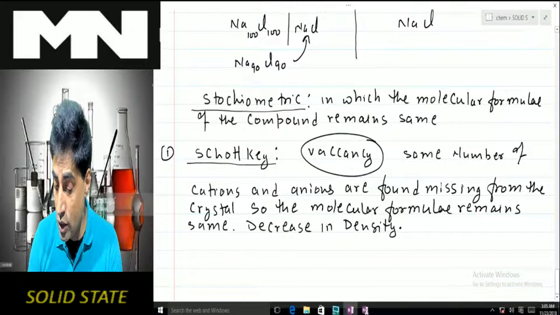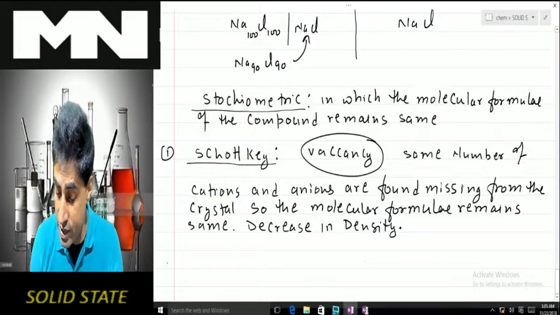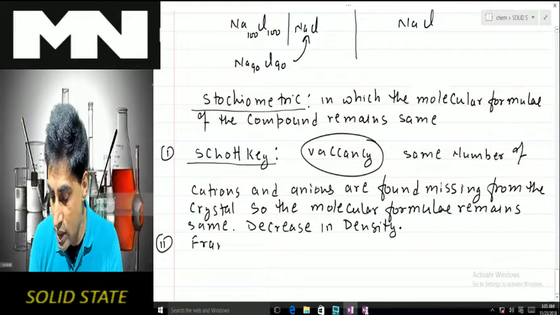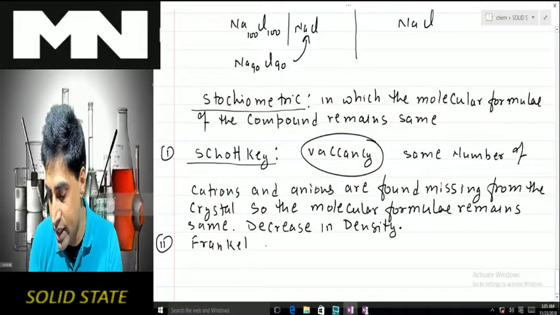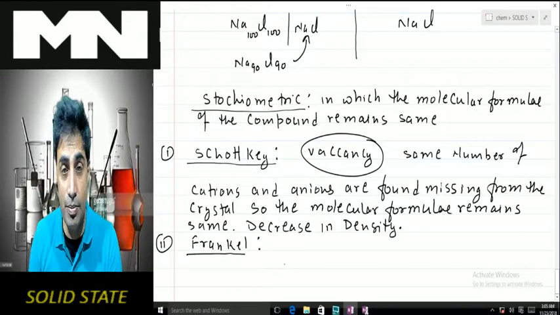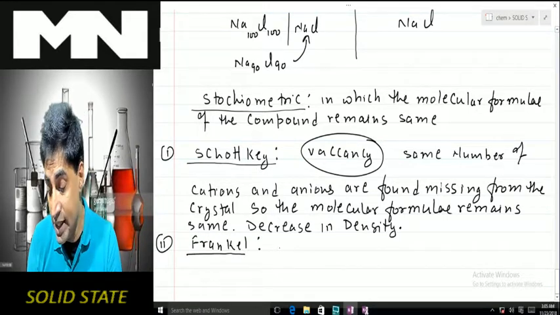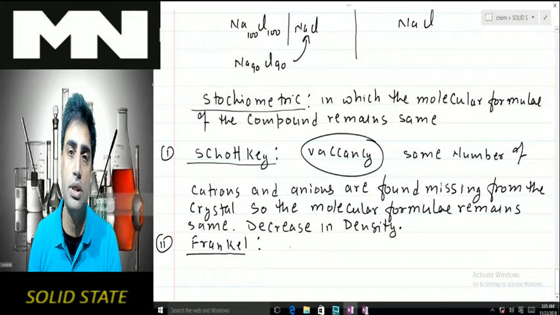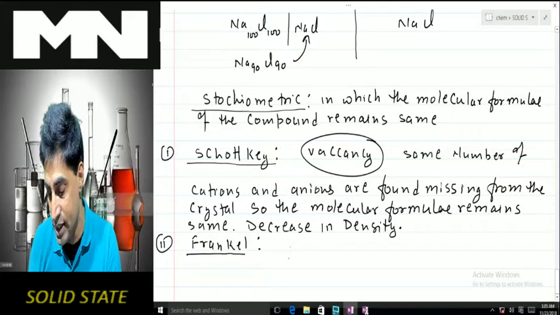Next we'll talk about Frenkel imperfection. Frenkel is interstitial imperfection. In this type of imperfection, a cation is found missing from its respective place, but instead of moving out of the crystal, the cation occupies an interstitial site.